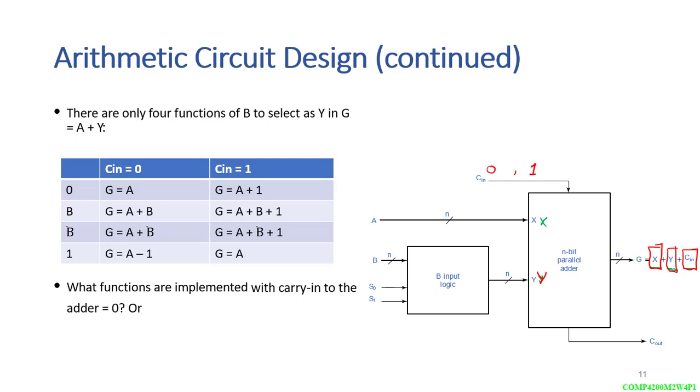Now, if what is coming here, which is B, is equal to 0, so if here I have G is equal to X plus 0 plus 0, because Cn is equal to 0, then G is equal to A. If the input here is equal to B, then A plus B. If the input is equal to B complement, sorry, this is B complement, then this is A plus B complement.